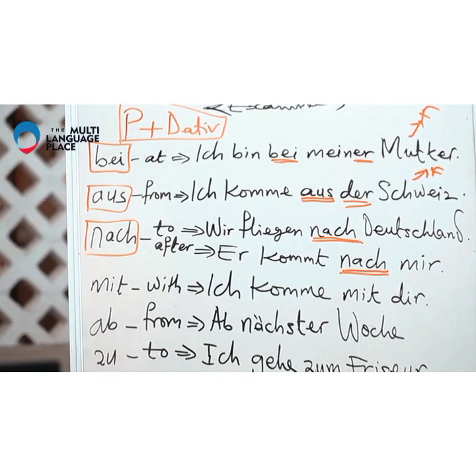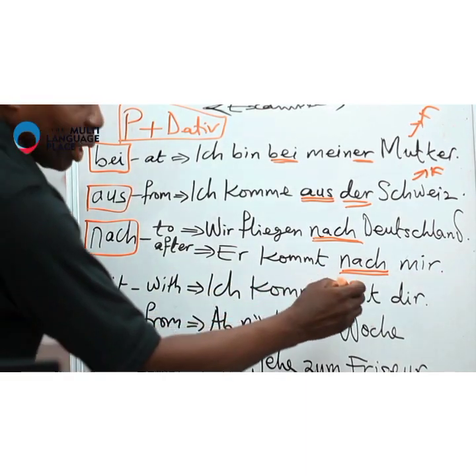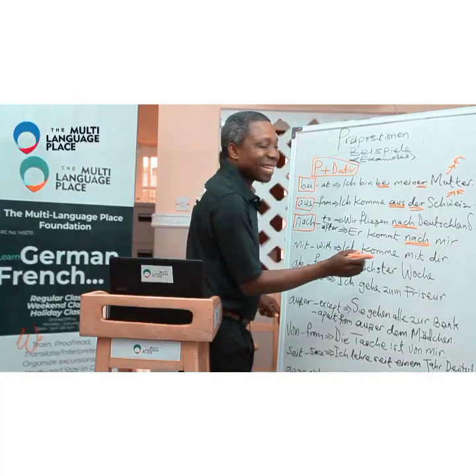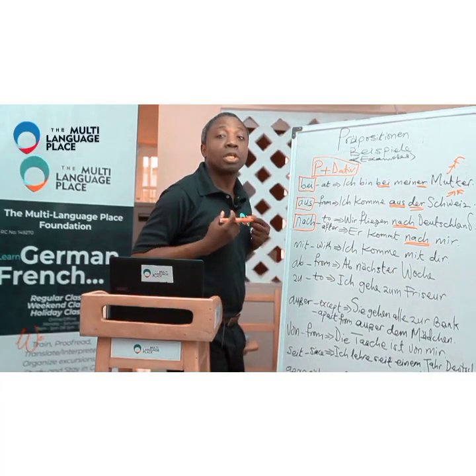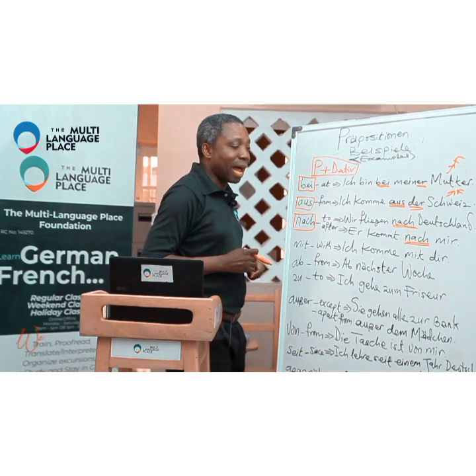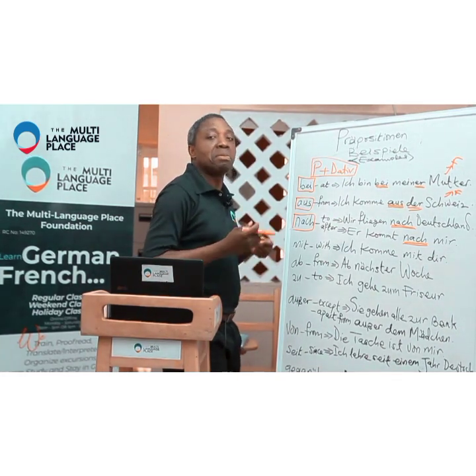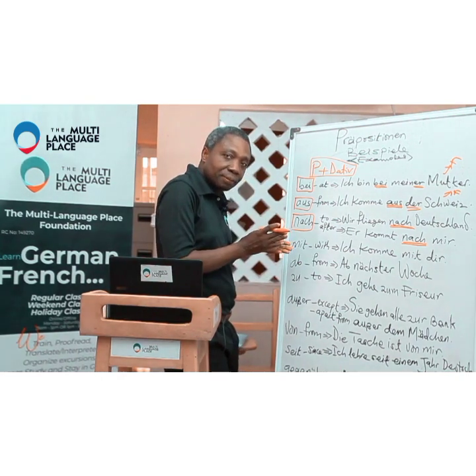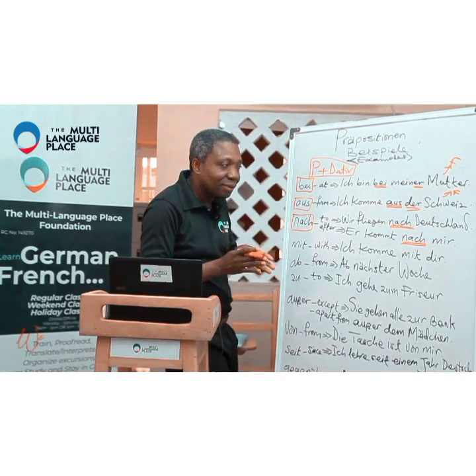Now, what are we doing with that mir? Actually, as I told you before, this mir is the dative form of ich. So we have ich, mich, mir: nominative, accusative, dative.